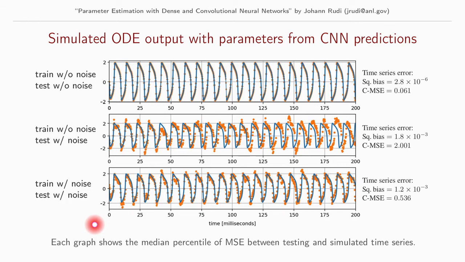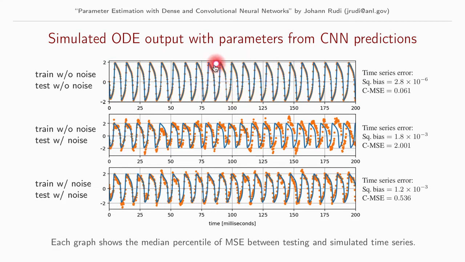So to compare from the perspective of how the CNN predictions of parameters translate to the output of the ODE, we depict the three cases again, and this is one ODE output, which is taken to be the median percentile of MSE.